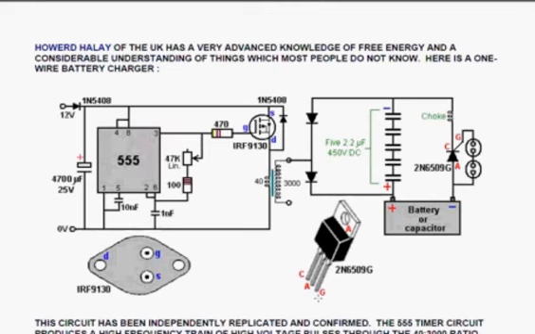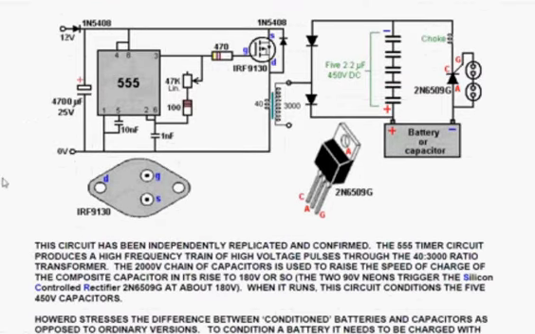Now this is particularly interesting. This particular circuit has been independently replicated and confirmed. Okay, it needs some electronics, but ignoring that for the moment, this little 555 circuit generates a charging frequency of pulses. That powers an FET transistor, an IRF 9130 type, as shown here.